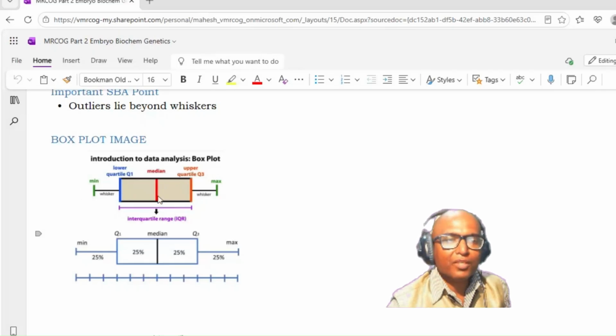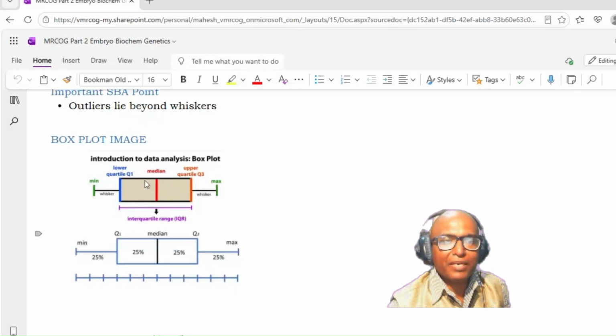This is the median or the second quartile, and the interquartile range will extend from Q3 minus Q1, and in this particular box 50% of the observations will lie. So the interquartile range deals with 50% of the observations, and don't think that these parts will always be equal.